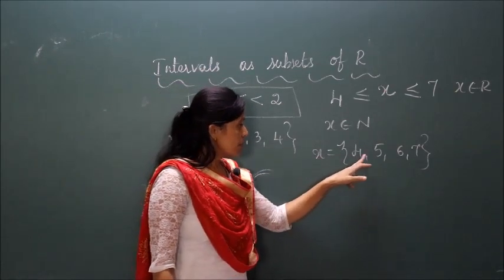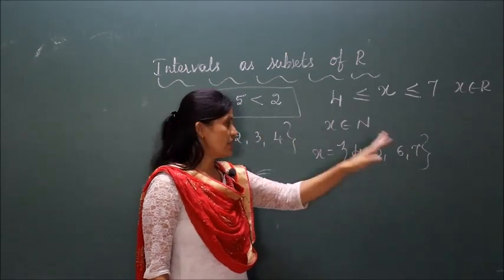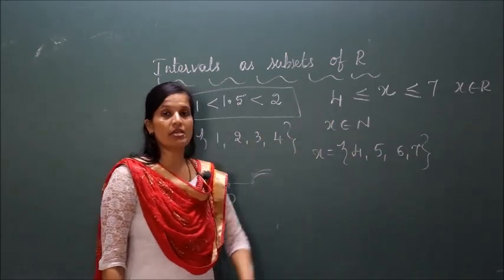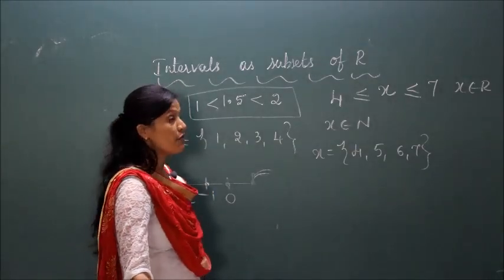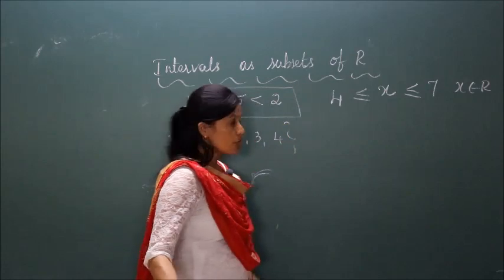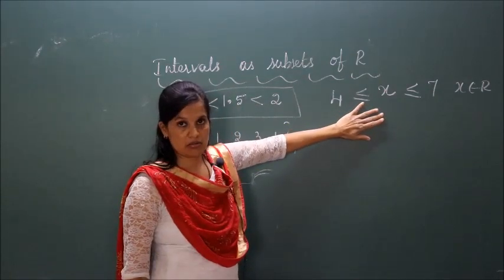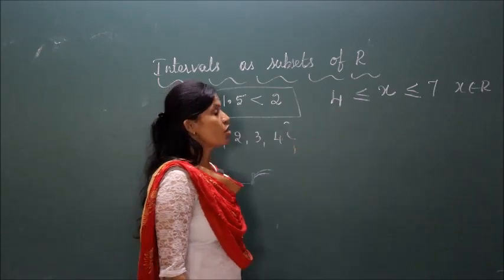See here, in between 4 to 5, I have infinitely many numbers. 5 to 6, infinitely many. 6 to 7, there are infinitely many numbers. So I cannot write it in the form of a set. So that time I have to go for this interval. So how can you represent this on the number line?